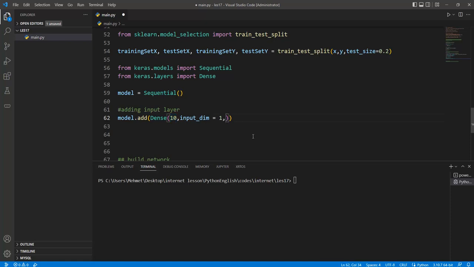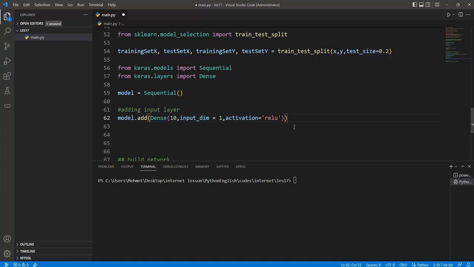We should also give the activation function. ReLU is the activation function here, or we can use tanh or the sigmoid function. But in the first place we should utilize ReLU.